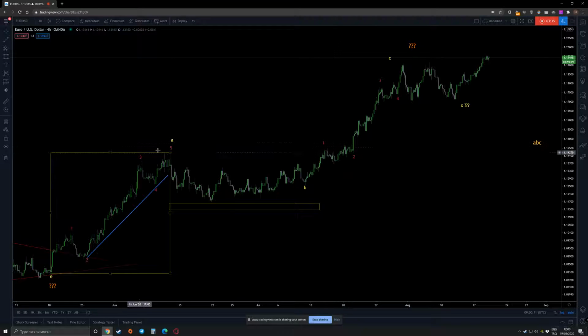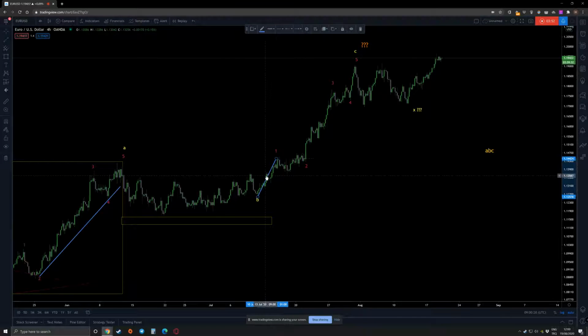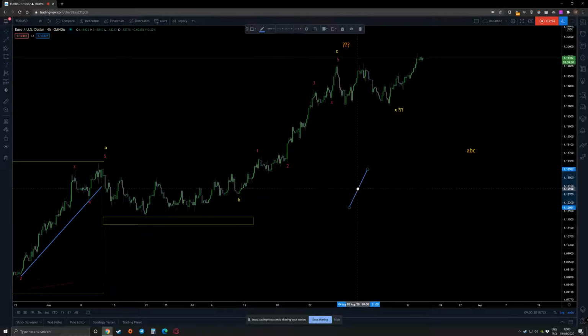And let's have the fifth wave, okay? Now, can we put the C wave here? Now, for this, we need an extension in the C wave, okay? So, to be able to learn the extension, we have to take this. This is the length of first wave, okay? So, this is the length of the first wave. And this is the length of fifth wave.